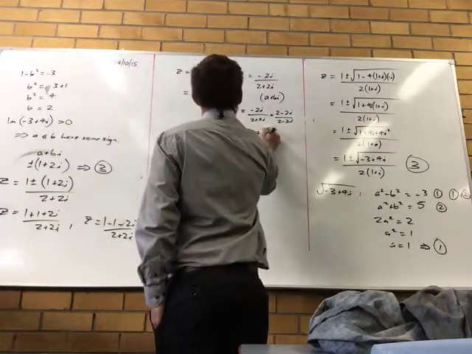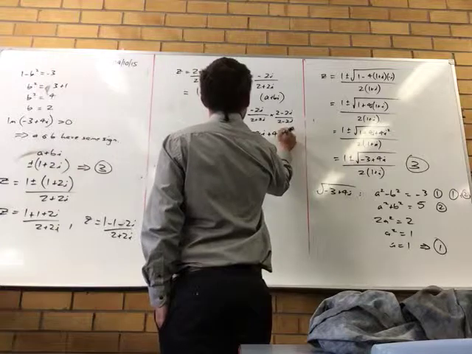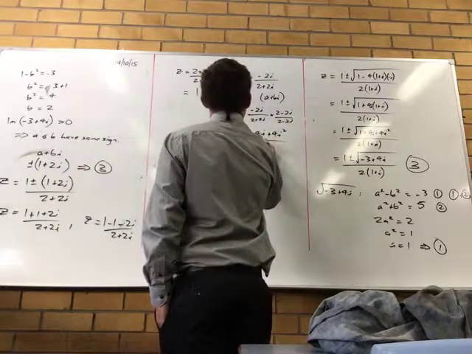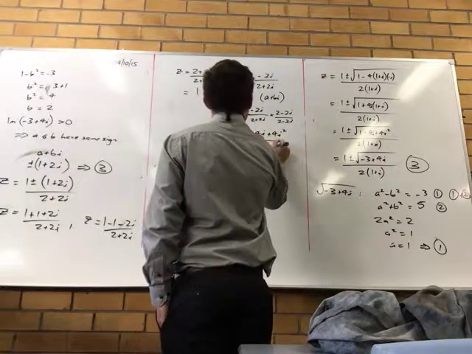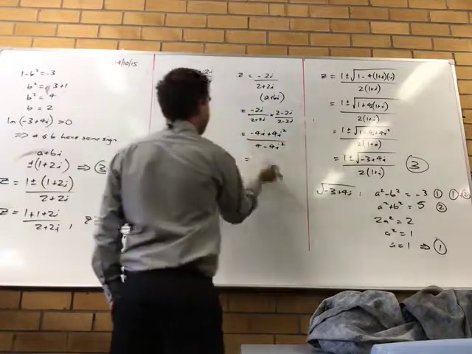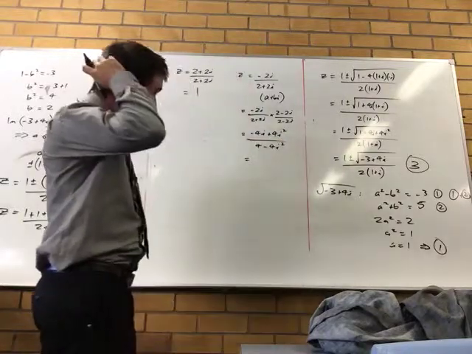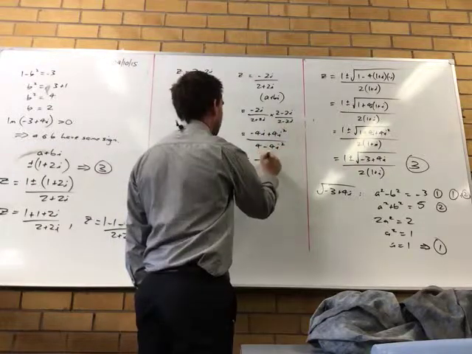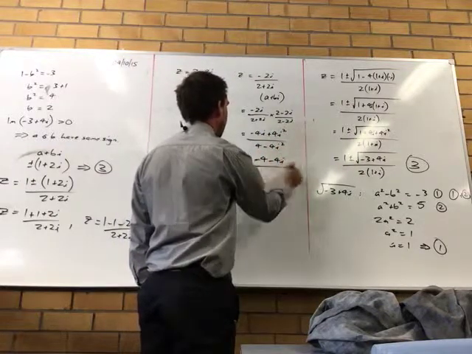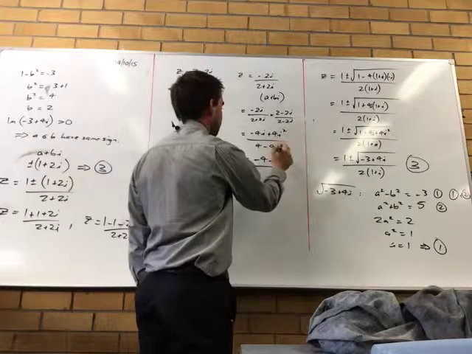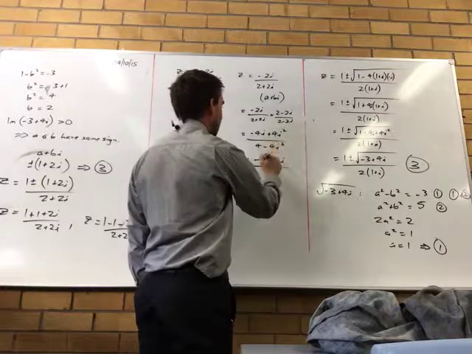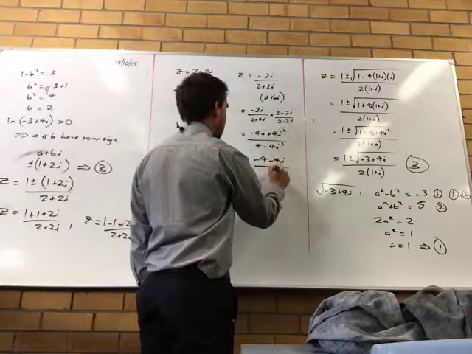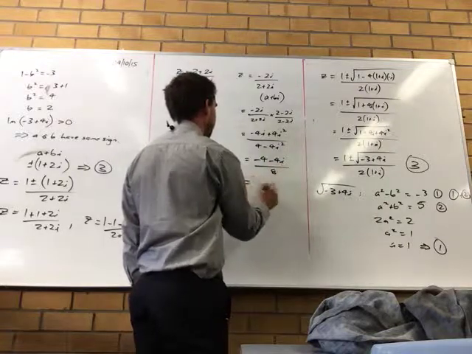So negative 4i plus 4i squared over 4 take away 4i squared. So it would be negative 4 take away 4i over 4 plus 4, which is 8.